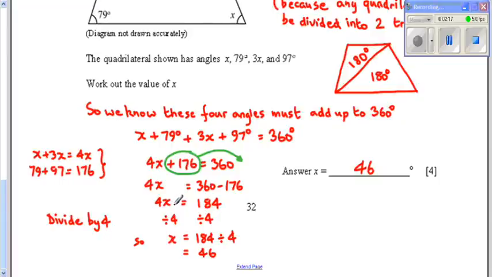But remember, now we know what 4x is, but we just want to find x on its own. So we're going to get rid of that multiply by 4 by doing the opposite, which is divide by 4. So when we divide by 4, we end up with x is equal to 184 divided by 4, which is 46. So the answer is x is equal to 46 degrees.